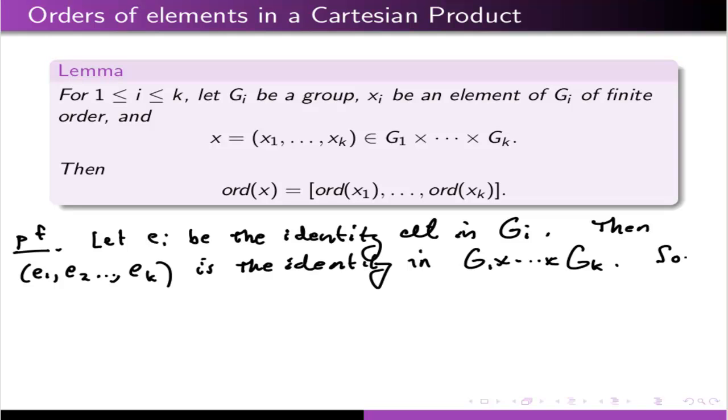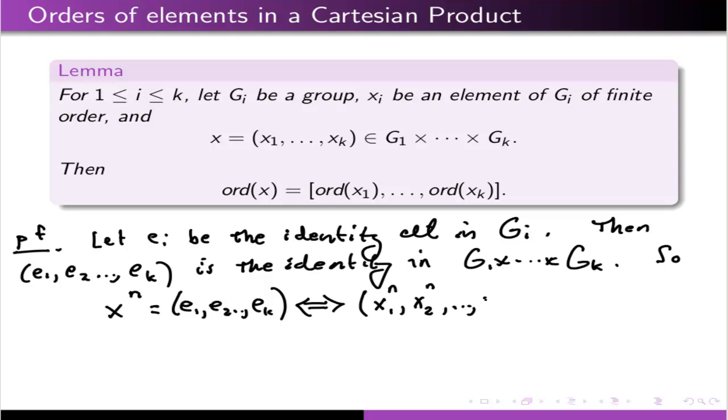So we need to find the order of x. So x to the n, I don't have an n yet, equals this identity element right here. That would be equivalent to saying what? Well, x itself is this k-tuple, and multiplication is component-wise.